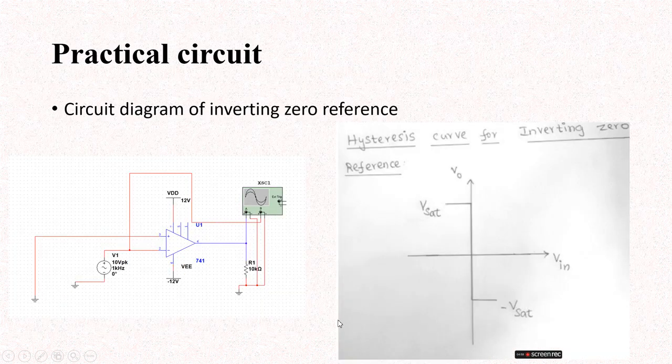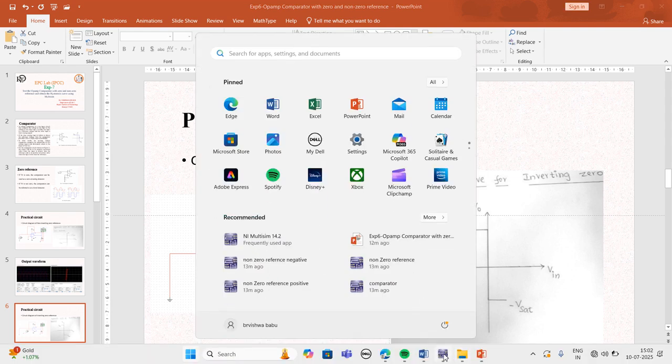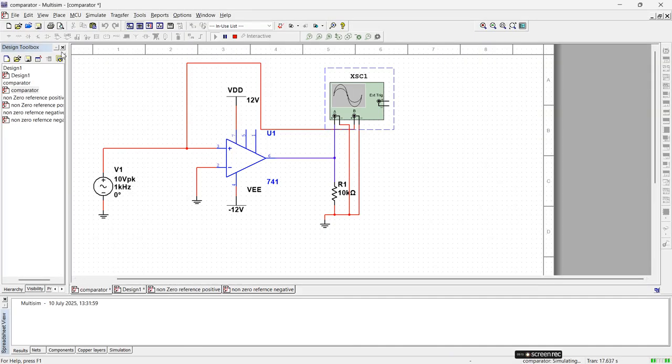So, zero crossing reference. Okay, I will go to the demonstration part. I have already constructed the circuit diagram.